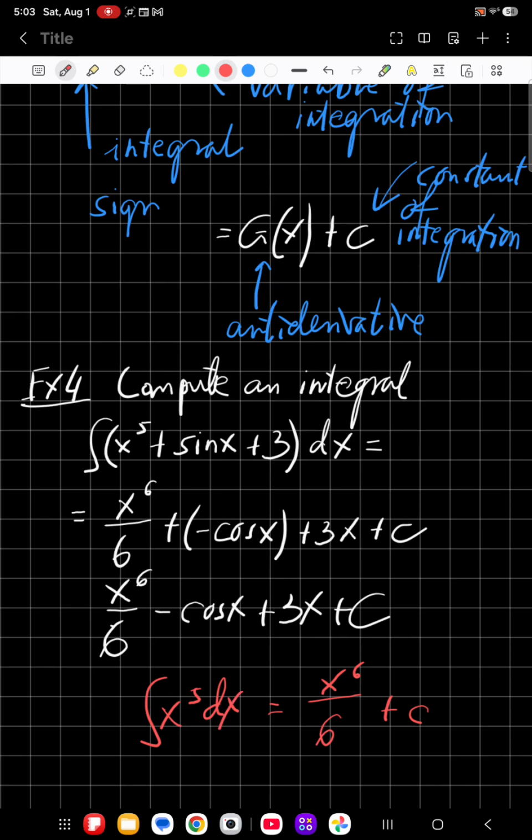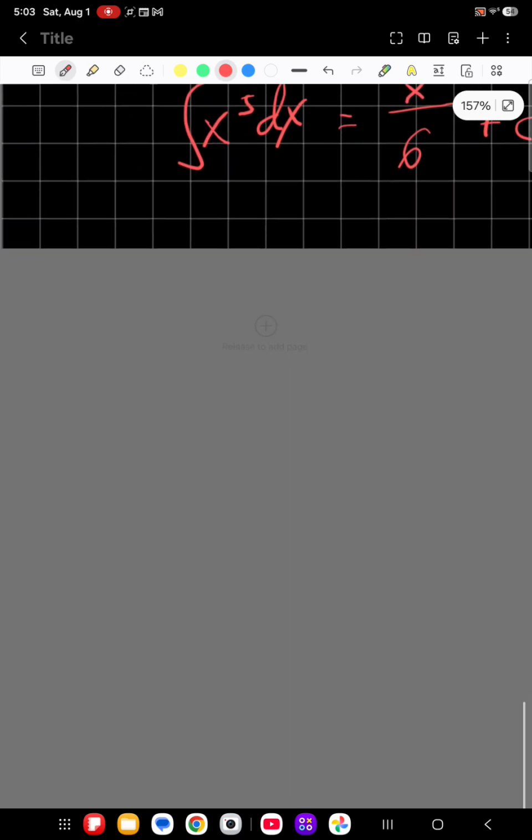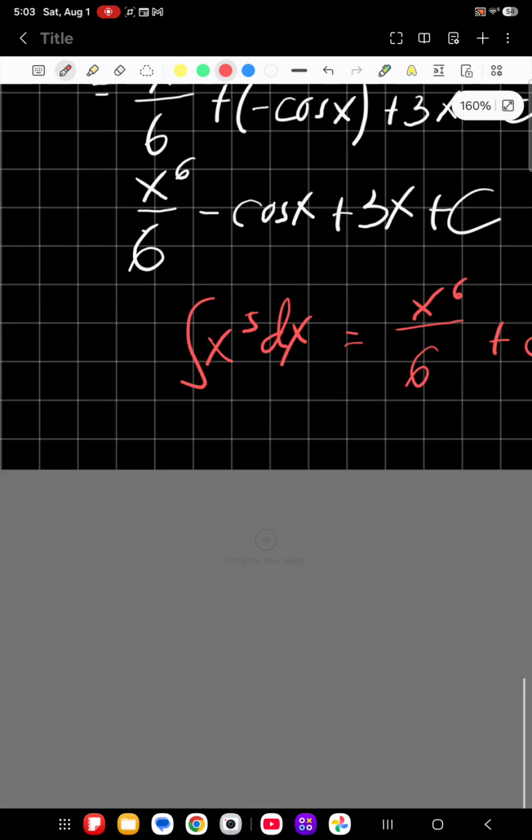Yeah, I basically just told you what that rule is for integration, for simple polynomial functions. So let's write it. Rules of integration.